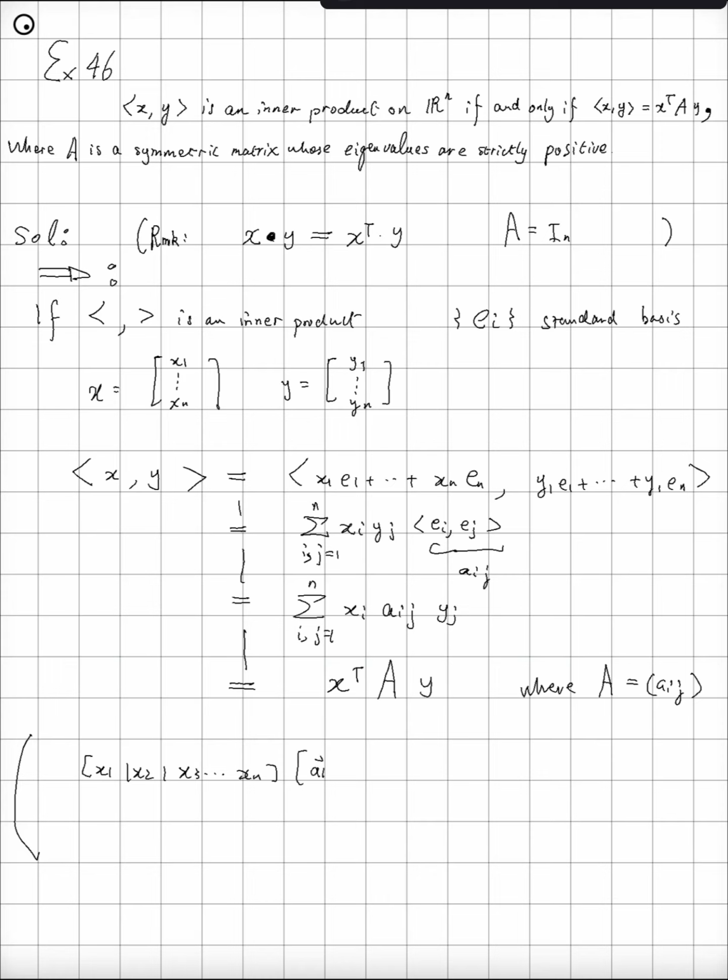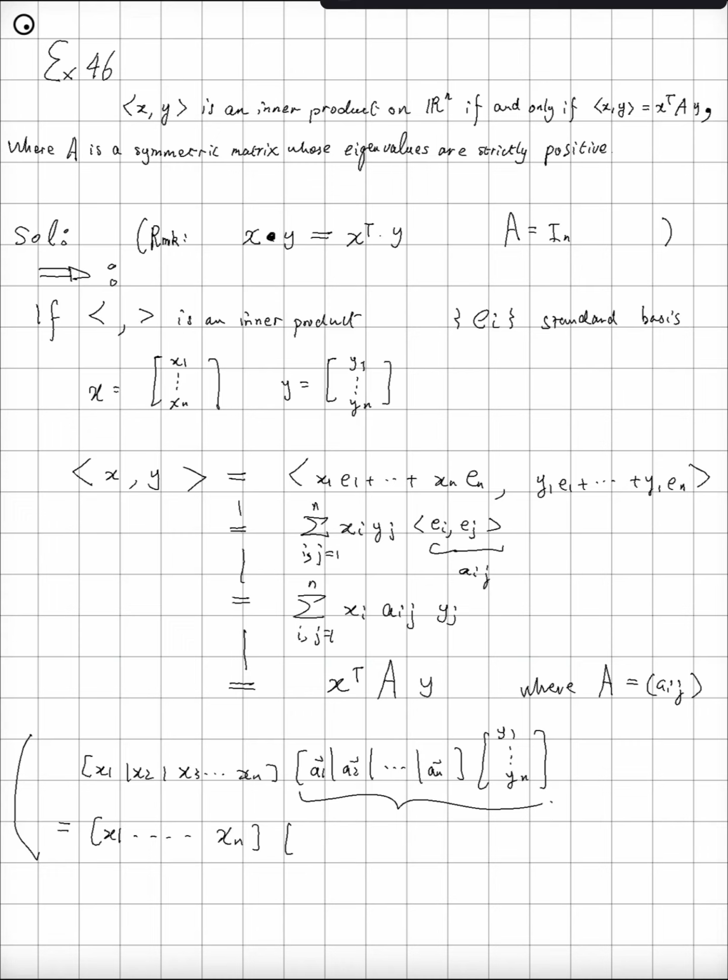Let me first write A1 and so on for the column vectors of A. You think of it as 1 by n times n by 1, so this would be 1 by 1, and this 1 by 1 is y1 A1.